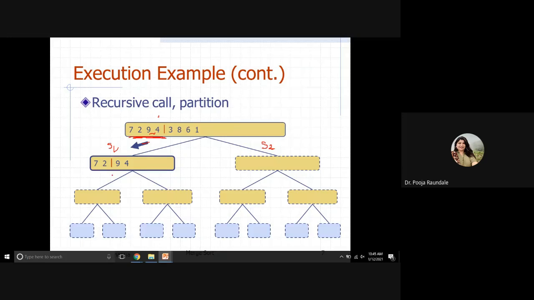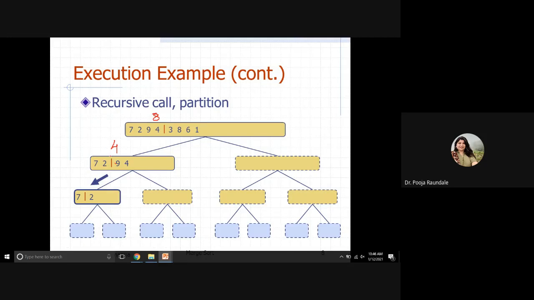Though we say a third step will happen later on, when both the sub problems are solved, then only we combine. So the second step will be again to call the same algorithm recursively. Here it was 8, here it was 4.